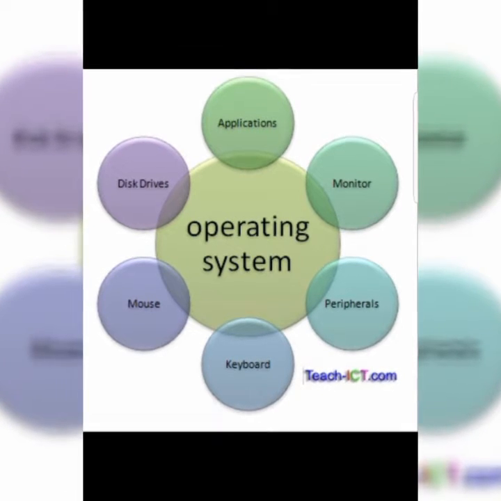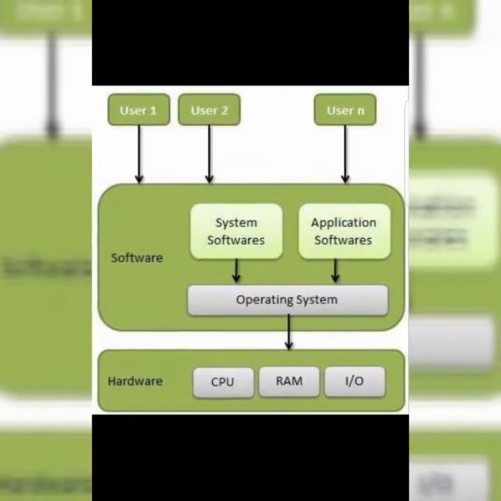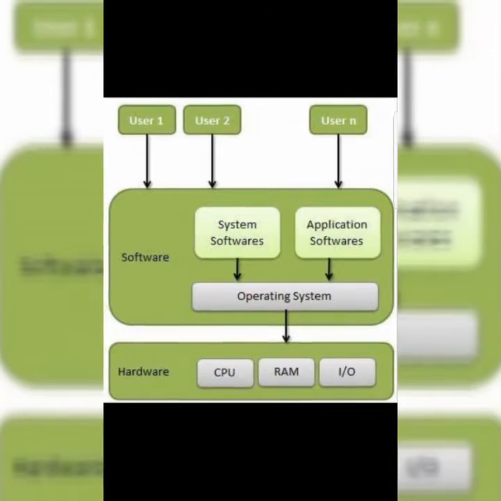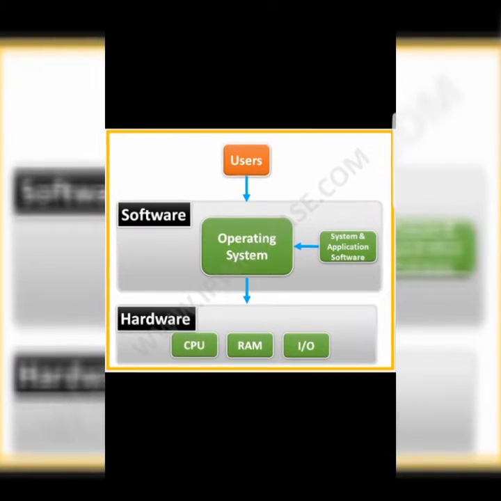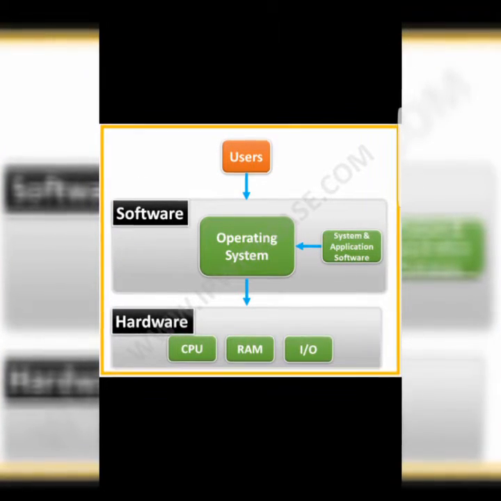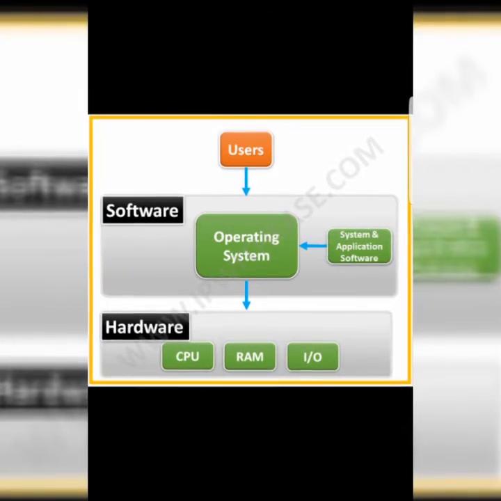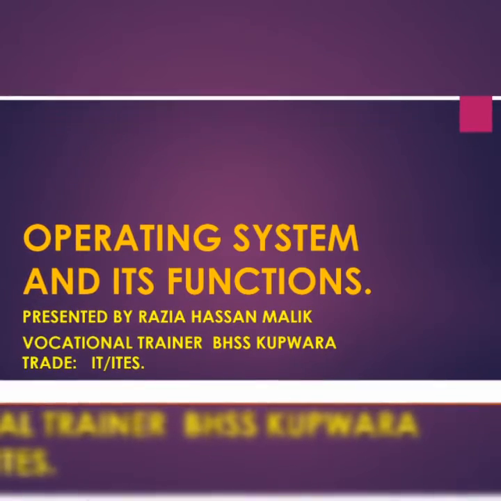We have a number of popular operating systems, for example Windows, Linux, Unix, MS-DOS, Mac operating system, etc. The operating system is an interface between the user of the system and the hardware of the system.